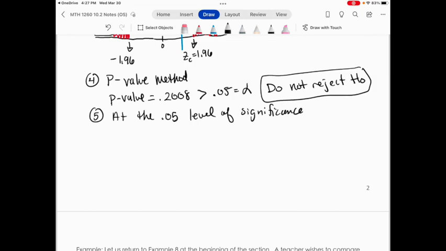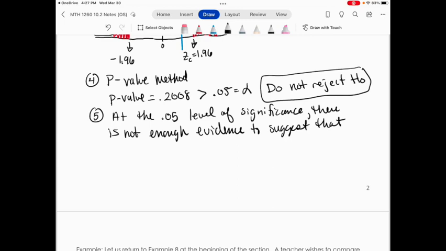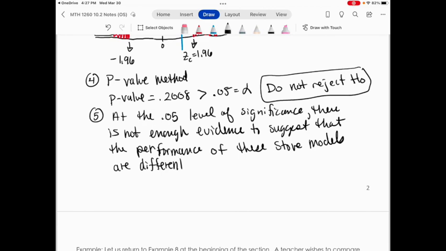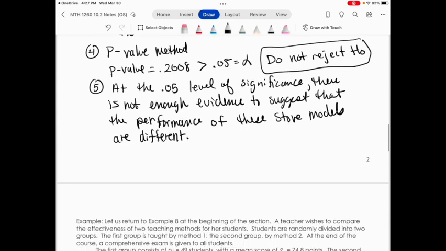So we're going to say, at the 0.05 level of significance, there is not enough evidence to suggest that the performance of these two stove models are different.